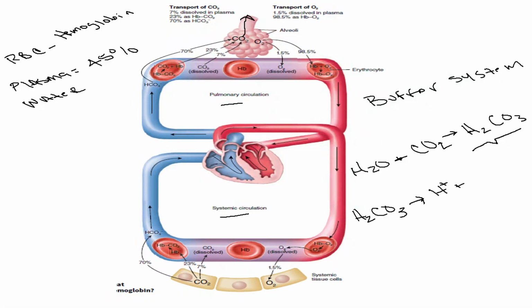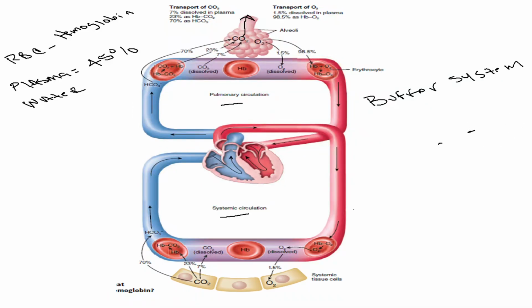We get H plus and HCO3, and this is known as bicarb. What bicarb does is it reduces acid. This is how your body manages its acid-base system. Now let me go back to this slide over here.